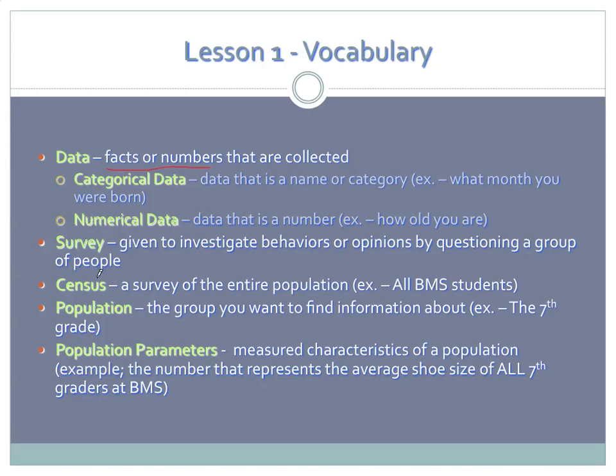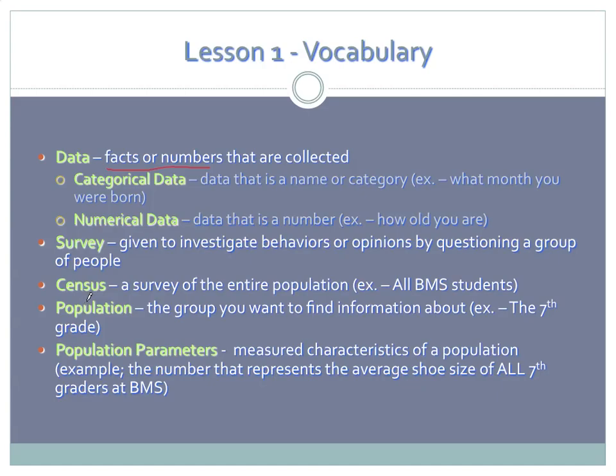Next term is census, and a census is a survey of the entire population. If I wanted to find out something about all of the students at Buford Middle School, I would be conducting a census, because I'm talking to all BMS students.